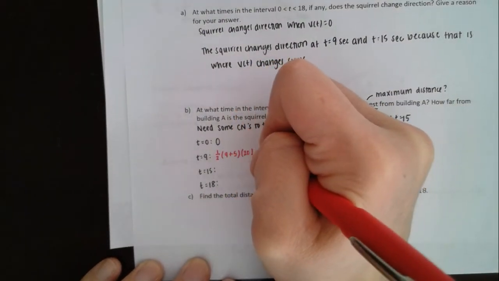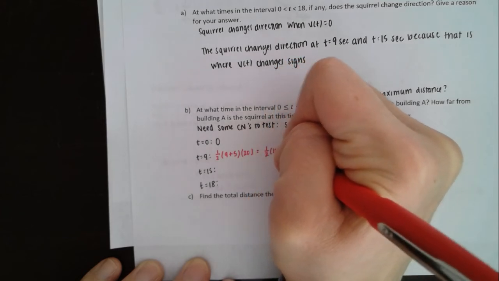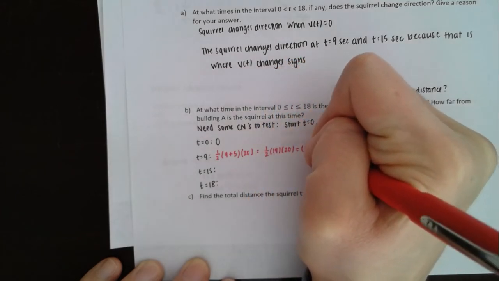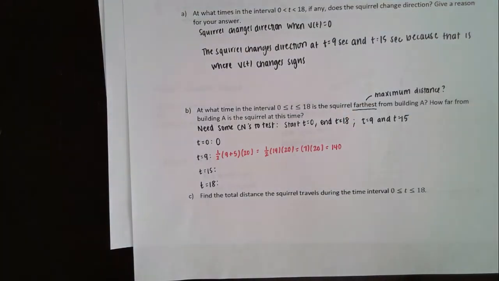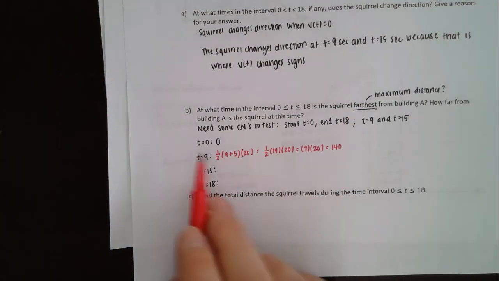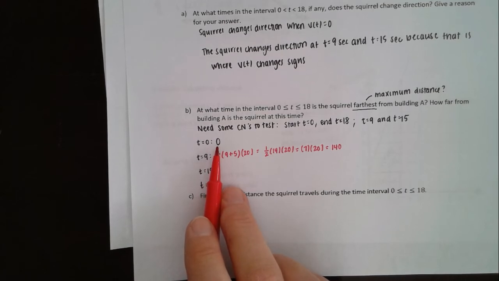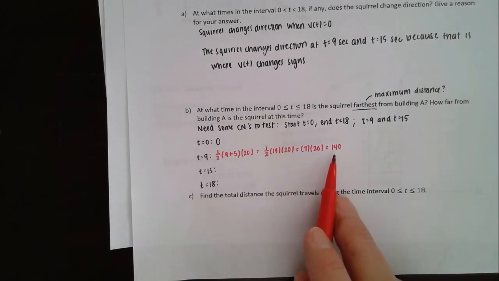So it gives me 1/2 of 14 times 20, so 7 times 20, which gives me an area of 140. So at time t is equal to 0, the squirrel has moved 0 units. At time t is equal to 9, the squirrel has moved a total of 140 units.